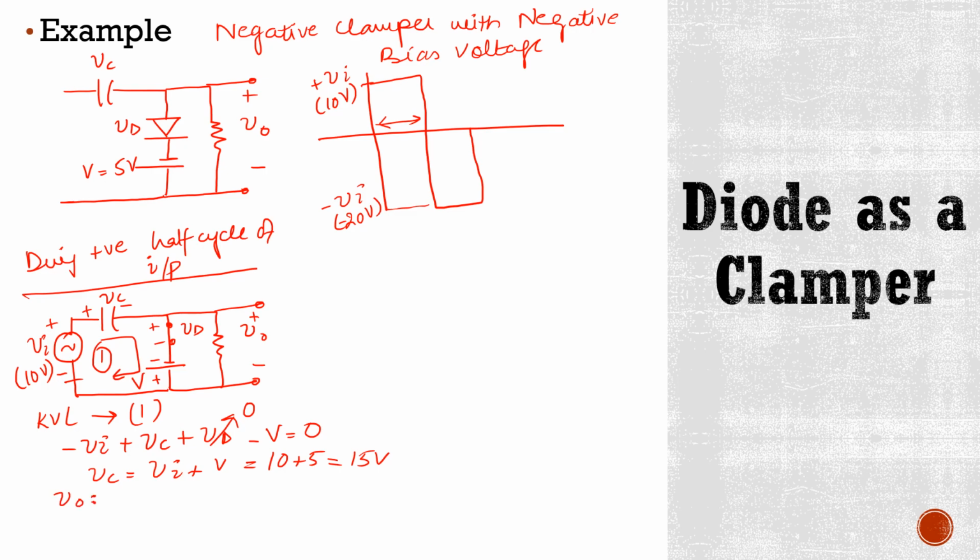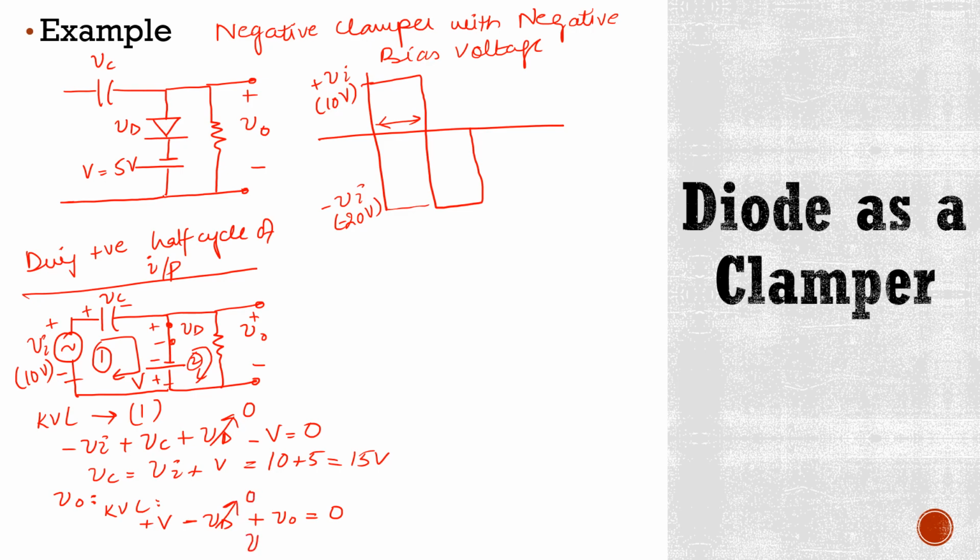So look at this loop 2 and apply KVL here. And now our KVL equation will be, we start from this point, plus V minus VD plus V naught is equal to 0. And here we are assuming that this diode is ideal, so it is 0.